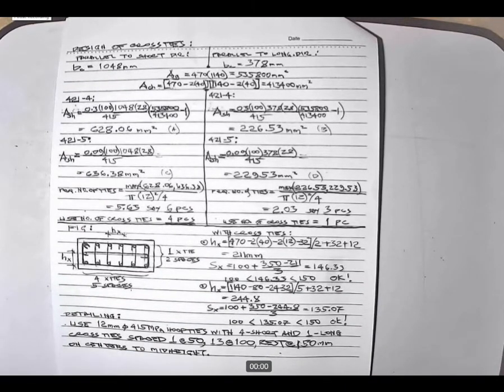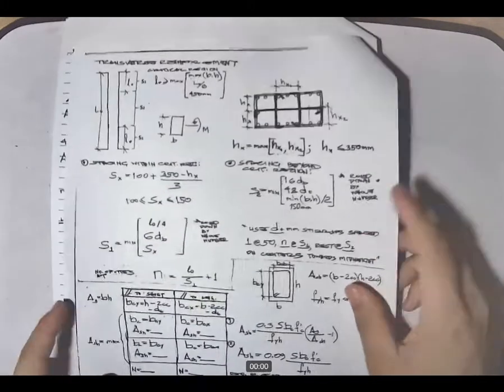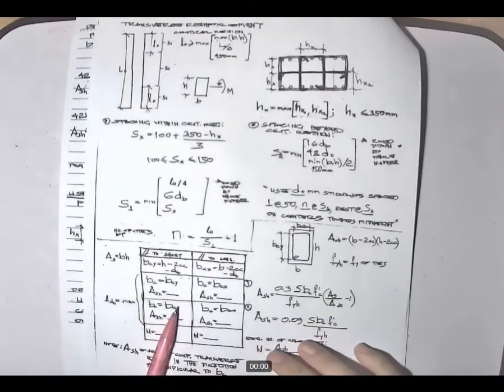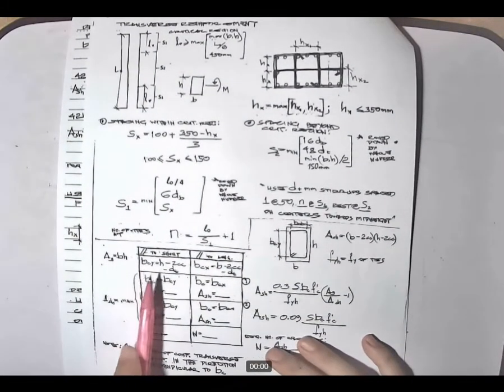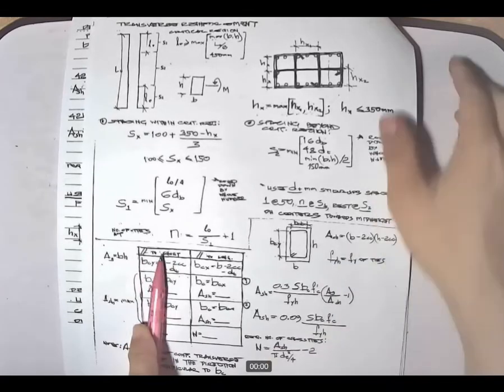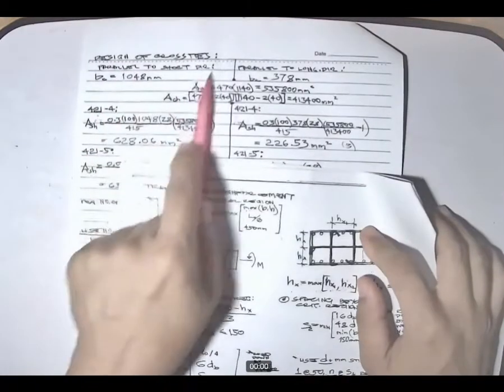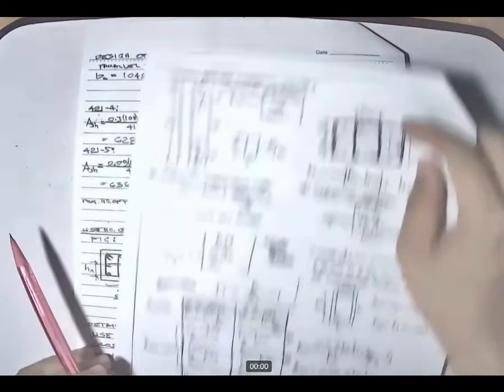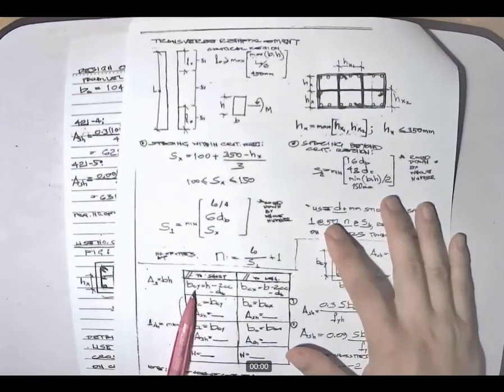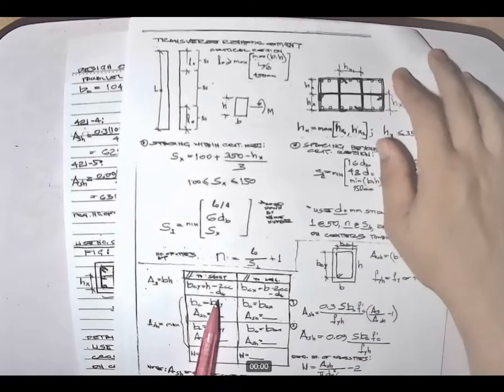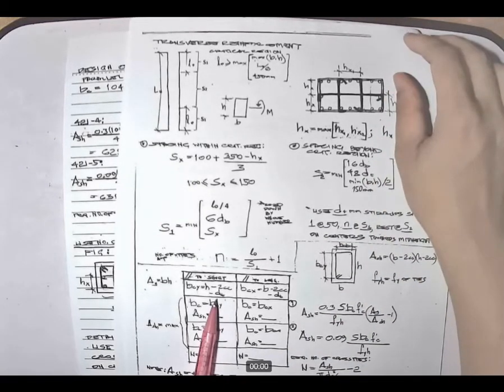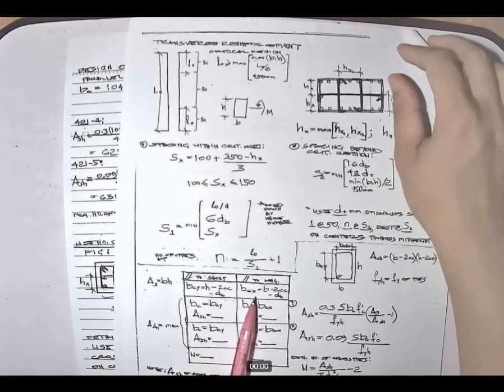So, from our previous lecture, ito, BC, this is parallel to short direction or this one. Okay? So, ang BC, let's take this as BCY is equal to H minus twice of clear cover minus DT.